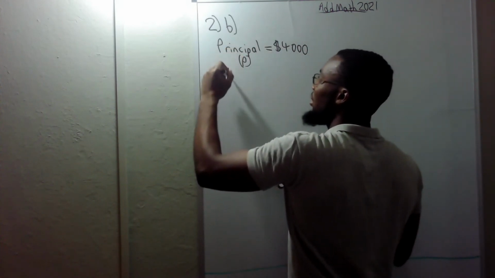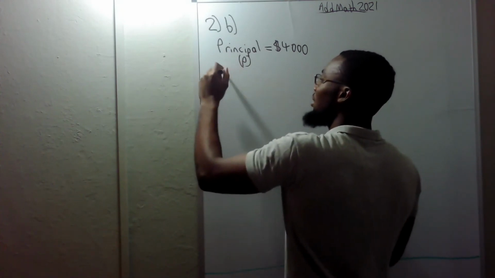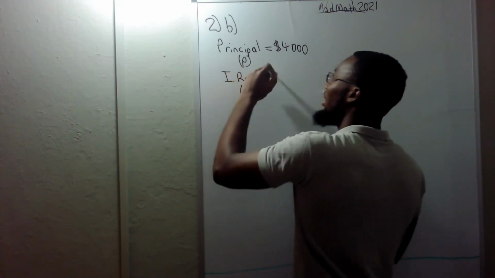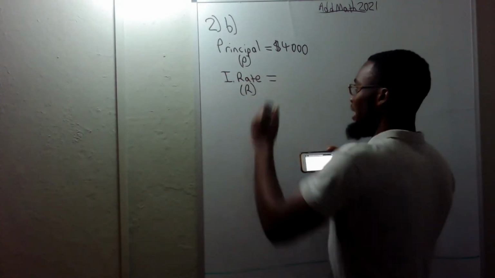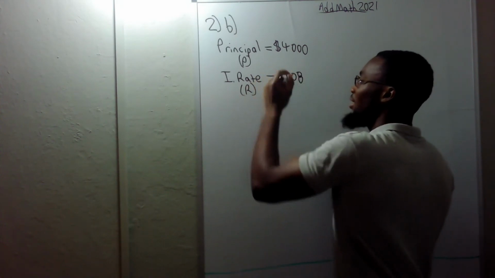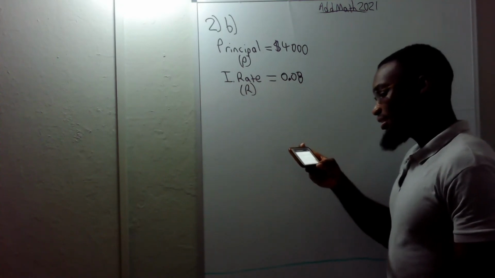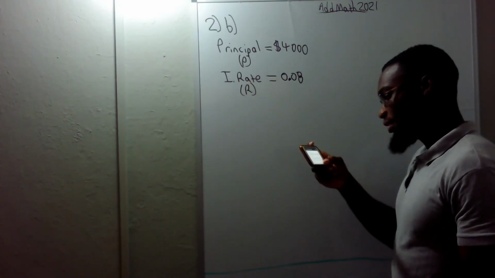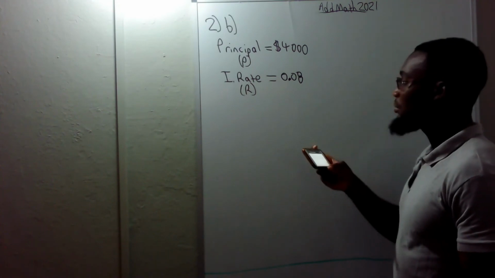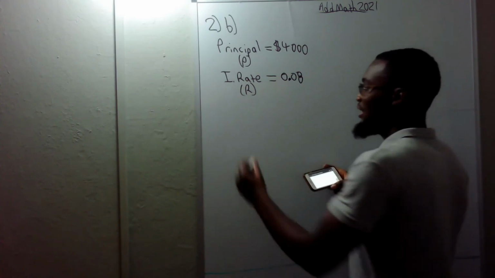Principal is P. The interest rate, let me call it I rate. The interest rate, which is R, they tell us the interest rate is 8%. I like to write 0.08. Guys, 0.08 is 8%. And then they tell us that the bank's compounded interest is represented by this geometric progression, where A is the amount of money accumulated after T years.